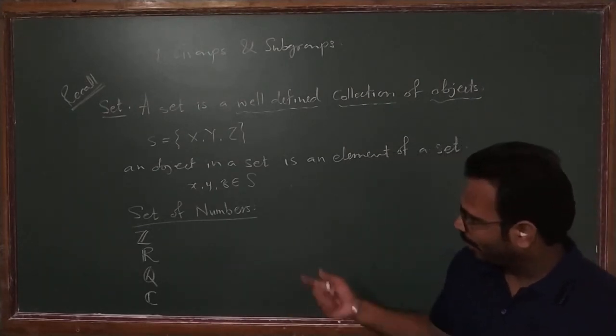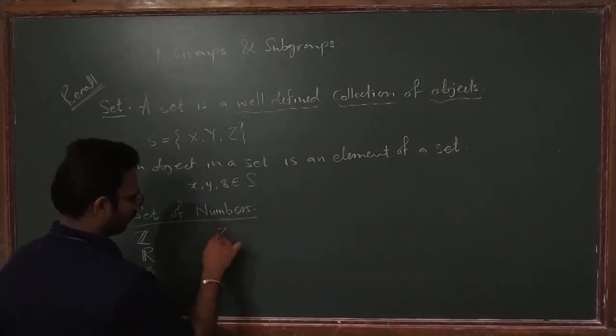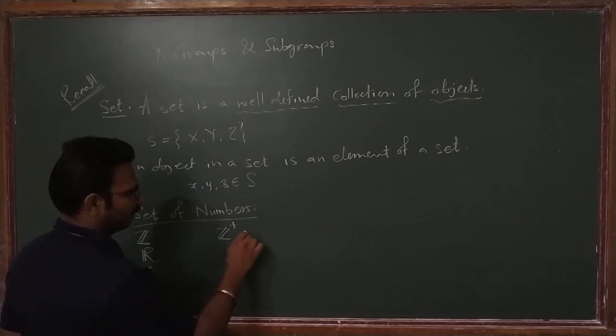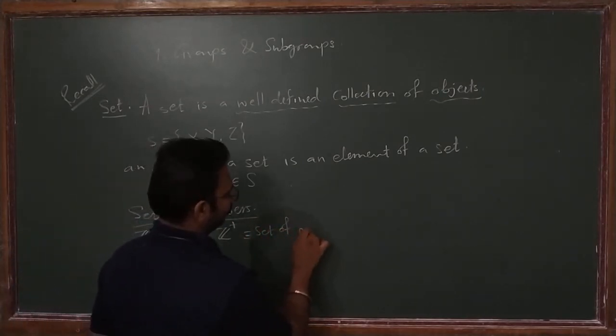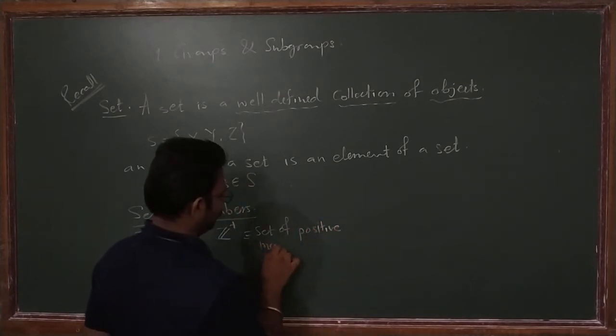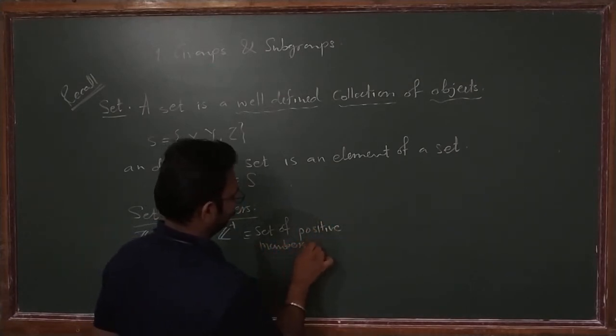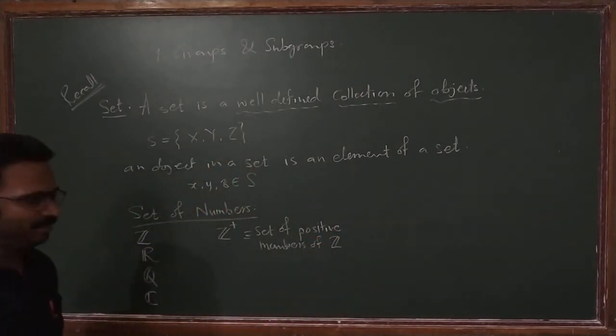What are the other sets of numbers? I can write Z plus, the set of positive members of Z, so the set of positive integers.